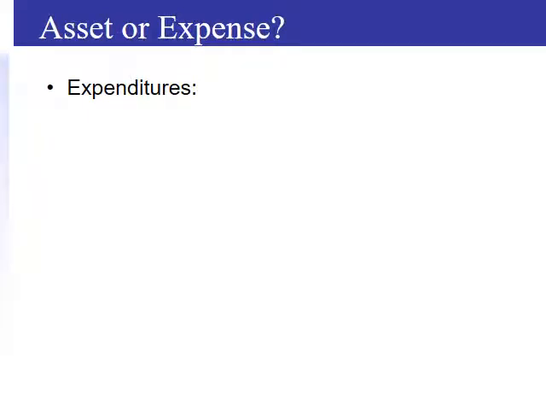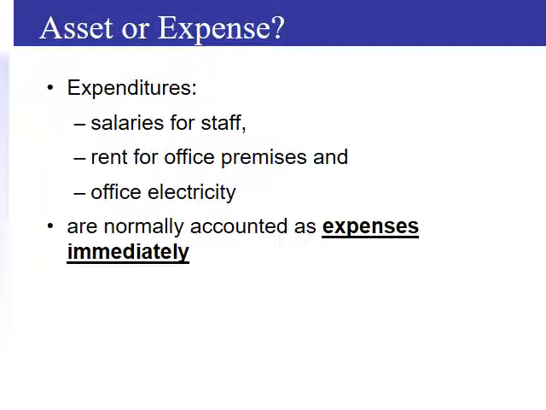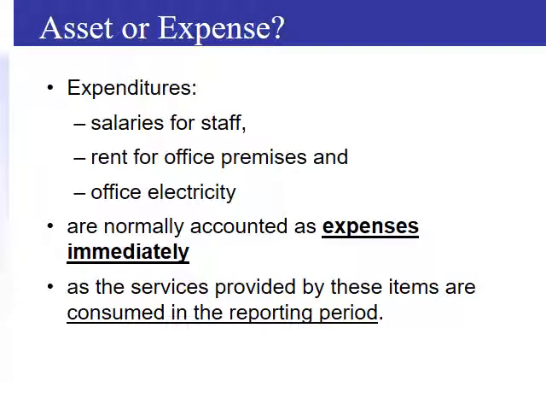Expenditure such as salary for staff, rent for office premises, and office electricity are normally accounted as expenses immediately. So the moment you use them up, you straight away account for them as expenses, as the service provided by these items is consumed in the accounting period.